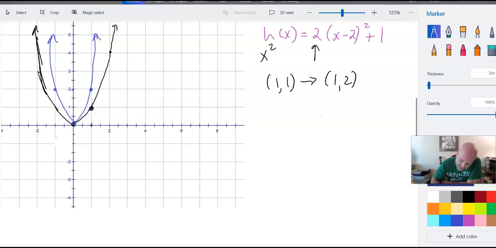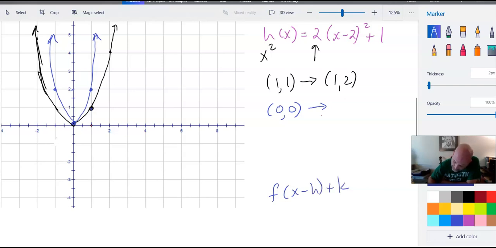Now what we need to do is figure out what h and k are, right? Because (0, 0) is going to map to (h, k). Now, one of the things that I may not have pointed out directly, hopefully you remember it. If I have f of (x minus h) plus k, (0, 0) maps to (h, k). You notice this h doesn't have a negative. This h does.